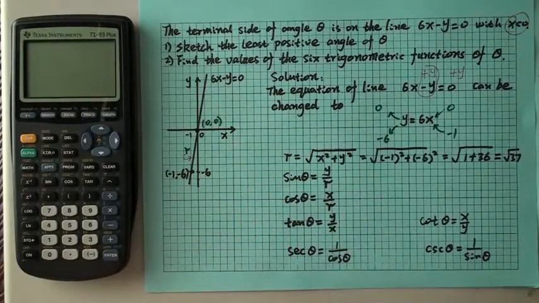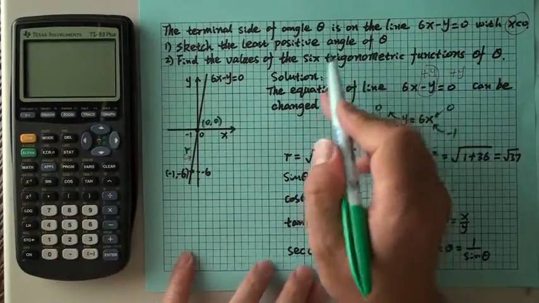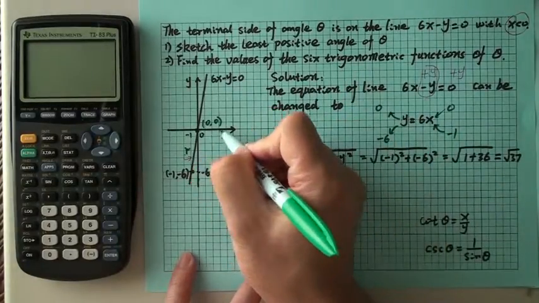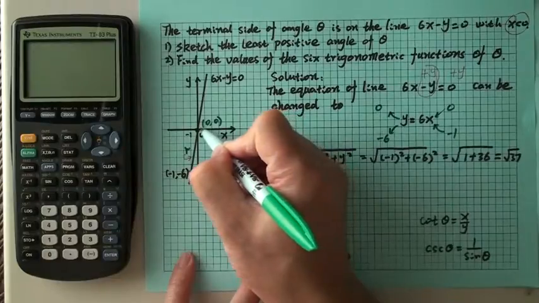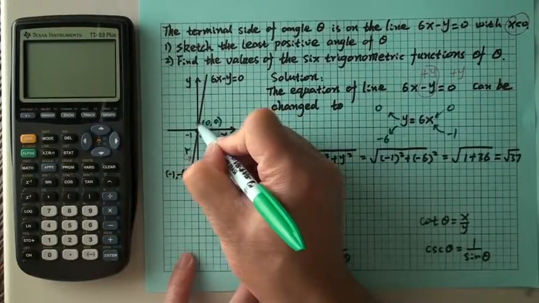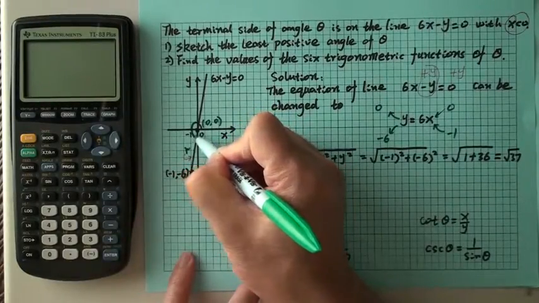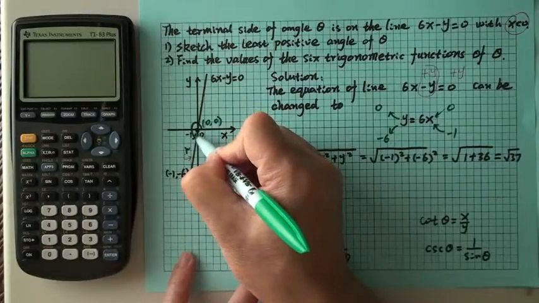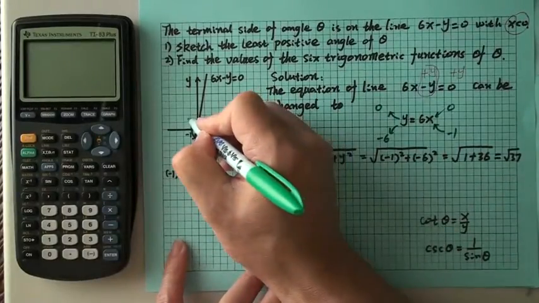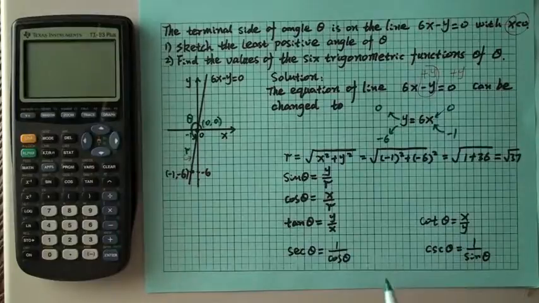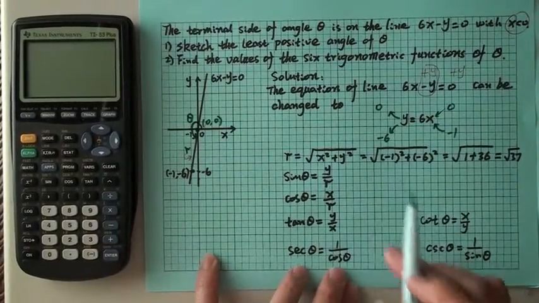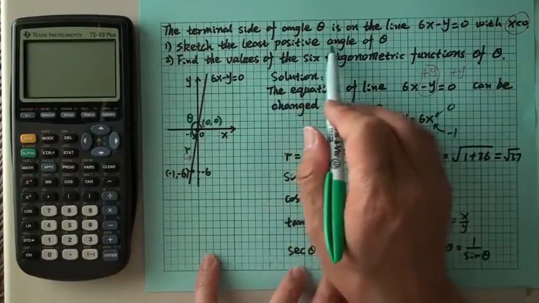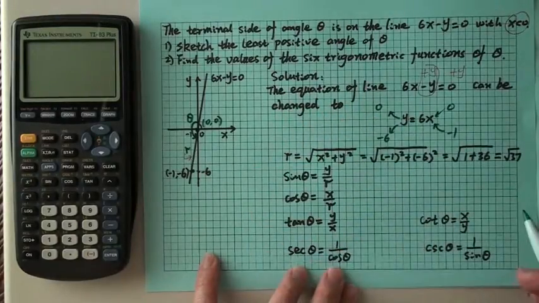To mark the least positive angle theta, its initial side is always on the x-axis. Then you mark it like that, and this is theta. So we are clear about the least positive angle theta.